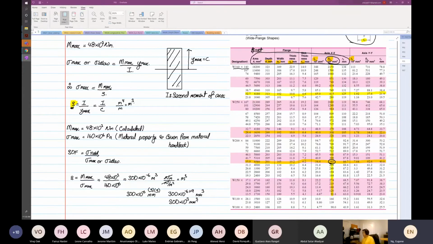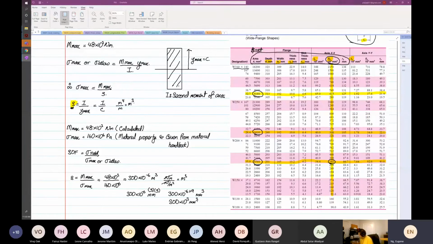Okay. So remember I told you, the bigger the area, the more expensive it will become. So we are going to compare area. So this is 4180. This is 3630. This is 4580. Right.